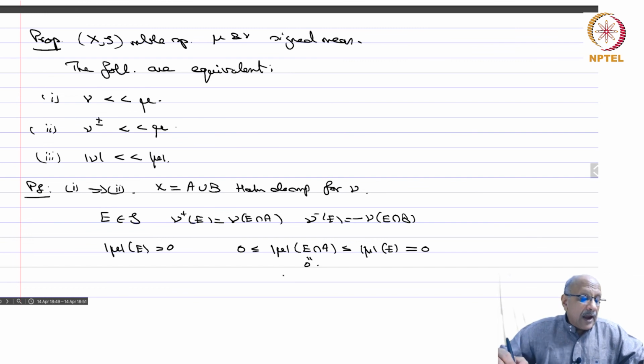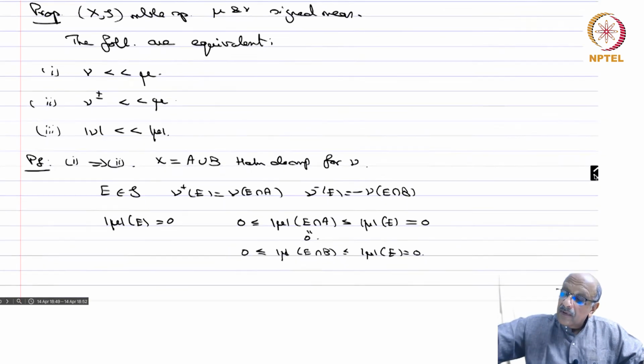Okay, and 0 less than equal to mod mu of E intersection B, less than equal to mod mu of E equal to 0.